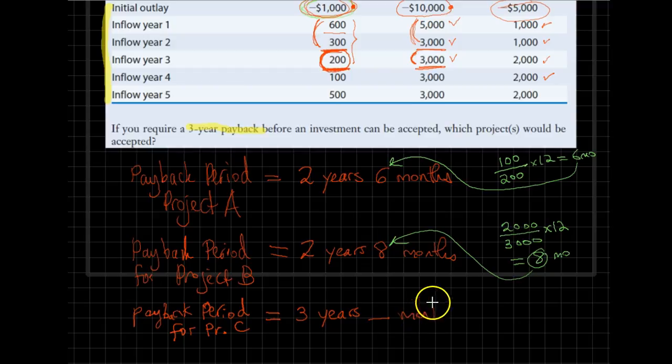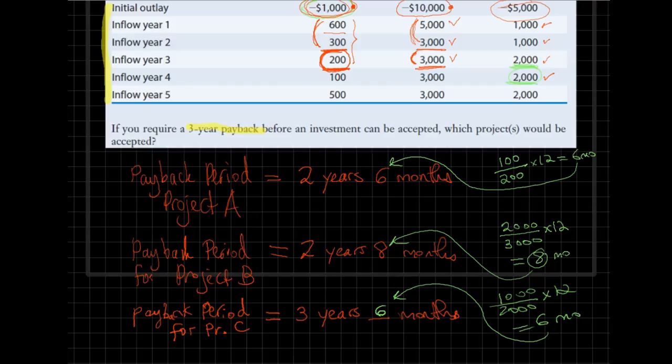Let's apply our newly acquired formula. In 3 years we accumulate $4,000, but in year 4 we still have a remaining $1,000. So we say 1,000 divided by what can be gained in year 4, times 12. The answer would be 6 months. So I plug in that 6 right over here.